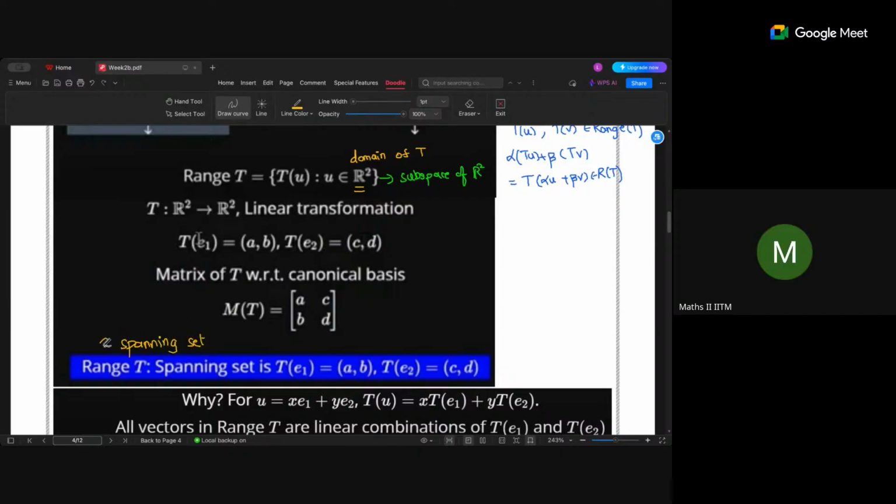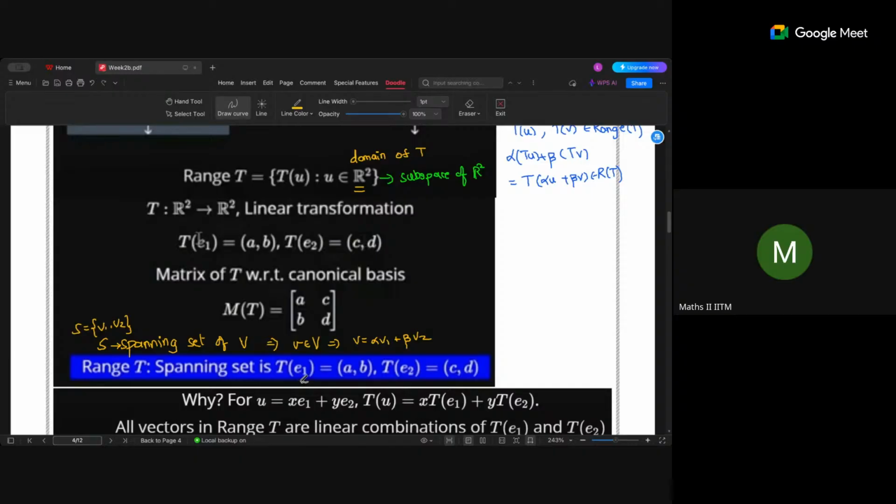Let's say S is a spanning set of a subspace V. This means you take any vector from V, and if the elements of S are, for example, V1 and V2, you can write V as alpha V1 plus beta V2. This is the meaning of a spanning set.